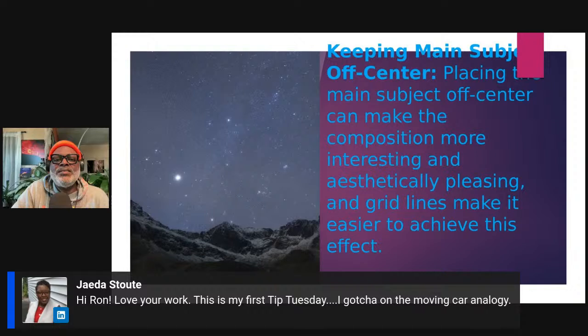Keeping the main subject off center. The main subject off center can make the composition more interesting and aesthetically pleasing. And grid lines make it easier to achieve this effect. Here, the subject could be the stars, or the mountains could be the subject.